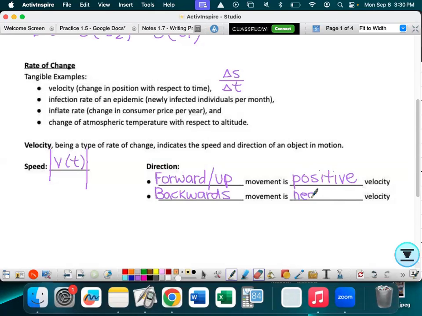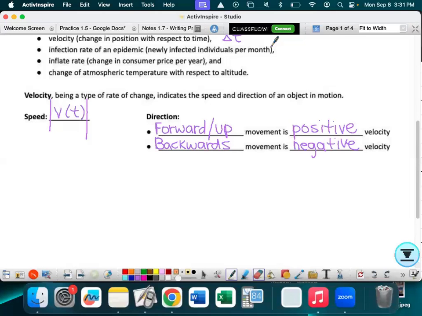I'm just going to say backwards because that could be down or left. And while I'm at it, I will write myself a little note, that speed is just how fast an object is moving.